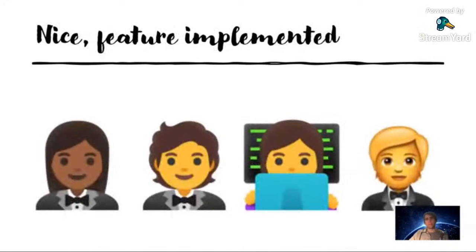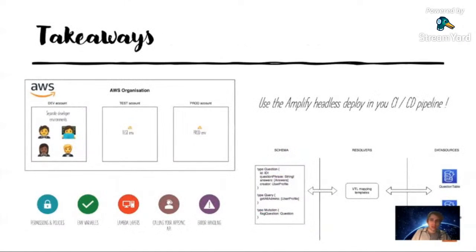All right, nice. We implemented this feature. Everybody happy? Let's see what we learned from that. Let's see what we saw on our journey. We saw how we could set up an Amplify project across multiple environments and even across multiple accounts. So really a production-ready setup.